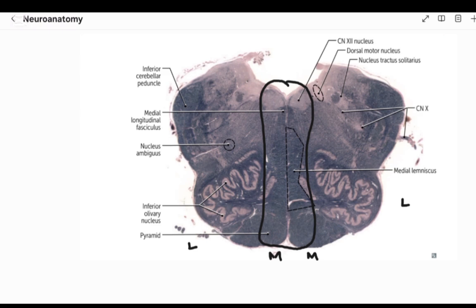So I only want you to understand three important points here, one of which is this is the pyramid. Pyramids are basically formed from the corticospinal tracts, which are for the voluntary motor movements.